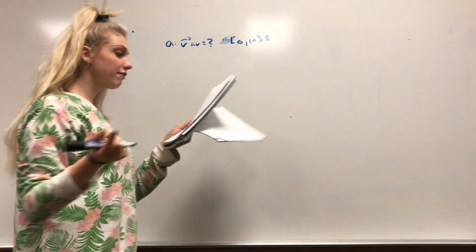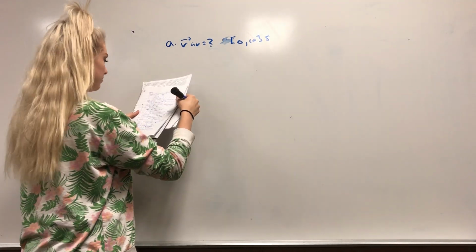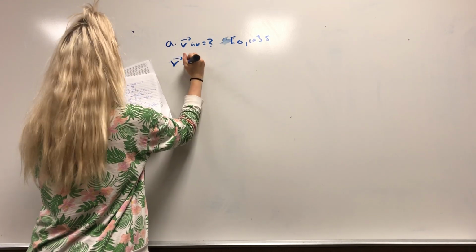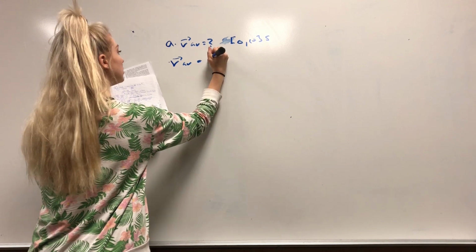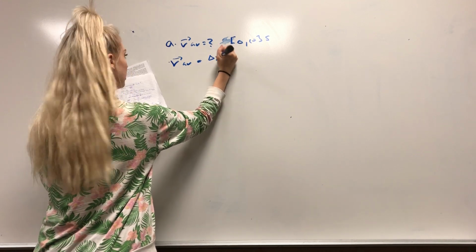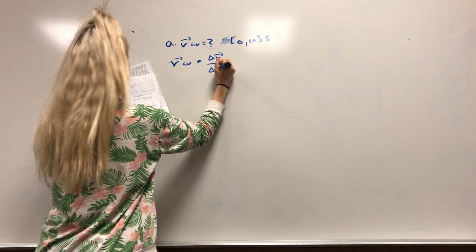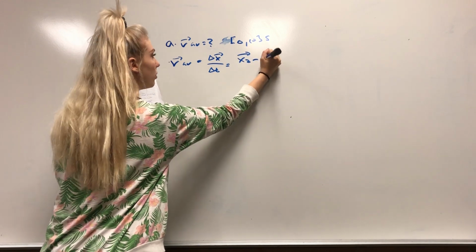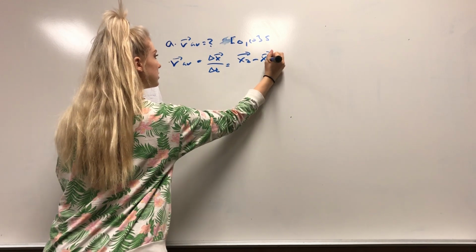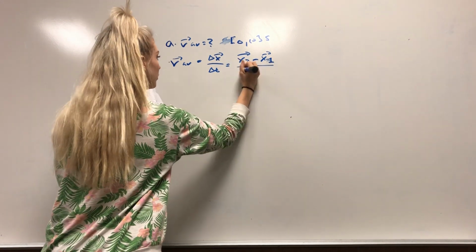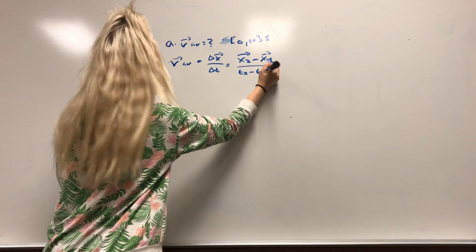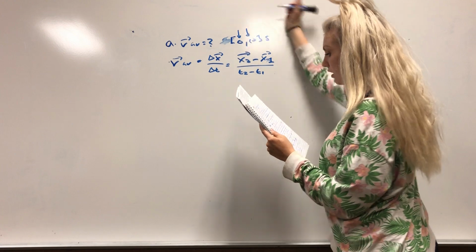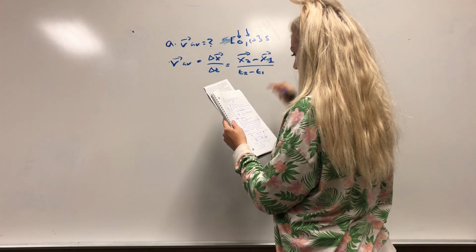So to start off, we have that the average velocity is equal to change in x over change in t, which will equal just the simple slope equation. This is the first point, over time 2 minus time 1. And then we just plug in what we have for those values, which these are the times. So we plug in that.